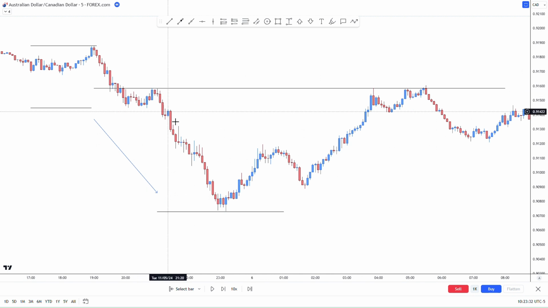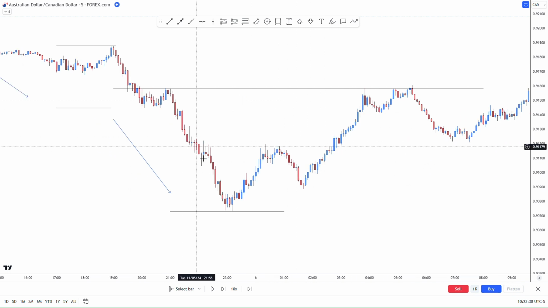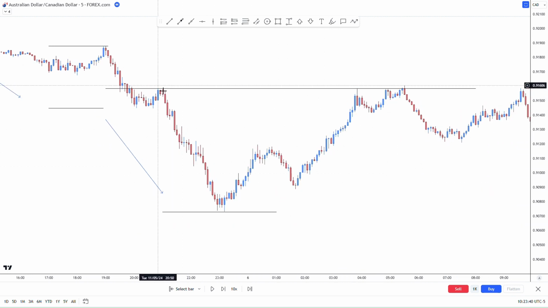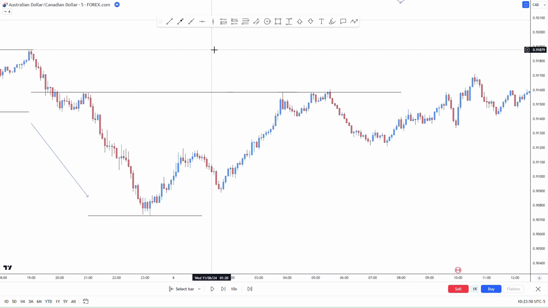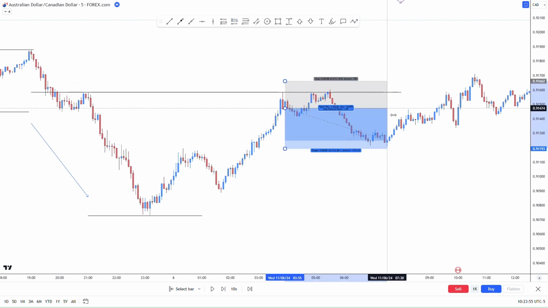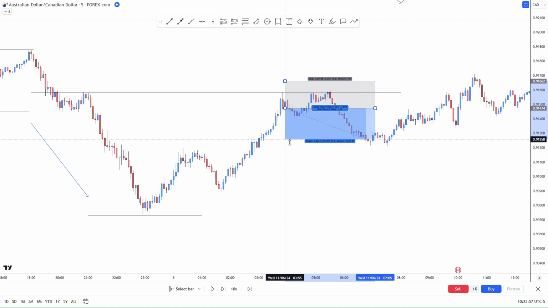And now we're trying to say, okay, we're going to find areas within here that we expect price to reject and continue bearish. So simply, if we said, let's take the high of the structure, when price hits here, we're going to expect a rejection back bearish. This isn't specific, just an example.